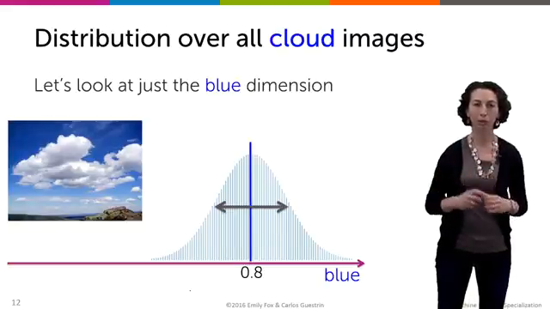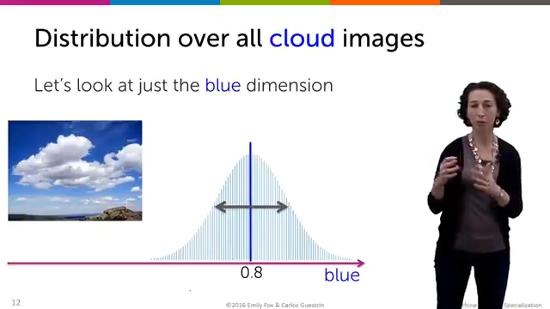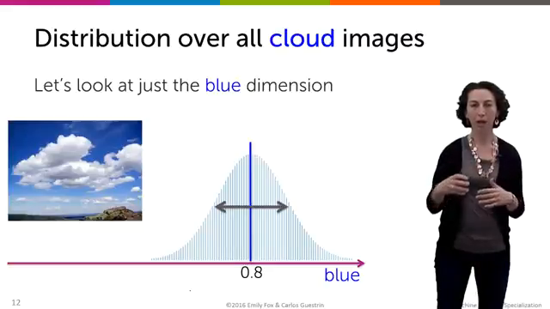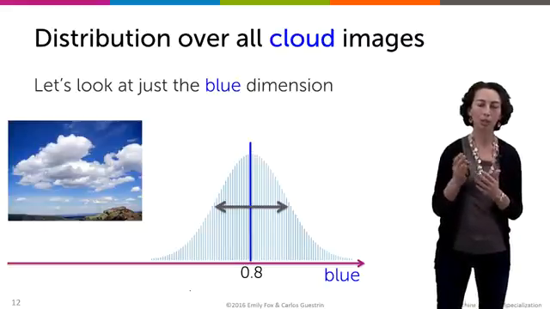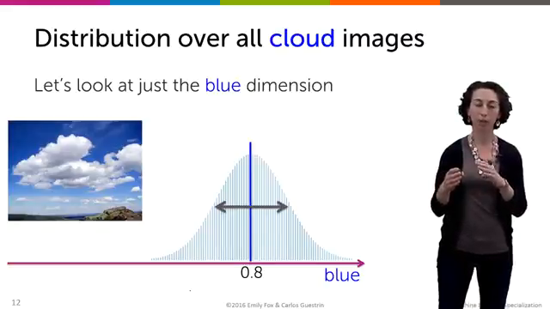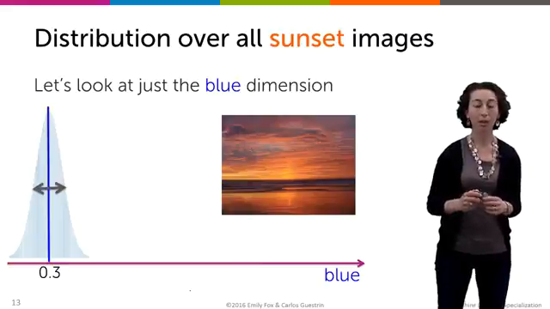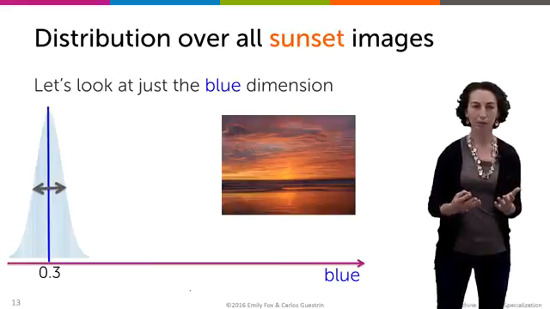So maybe the histogram would look something like this, where the average value is pretty high, 0.8, but there's some spread around that. And the spread might look somewhat like a bell curve, where maybe there are lots of images that have blue intensities around 0.8 and very few with extremely high values and very few with extremely low blue values.